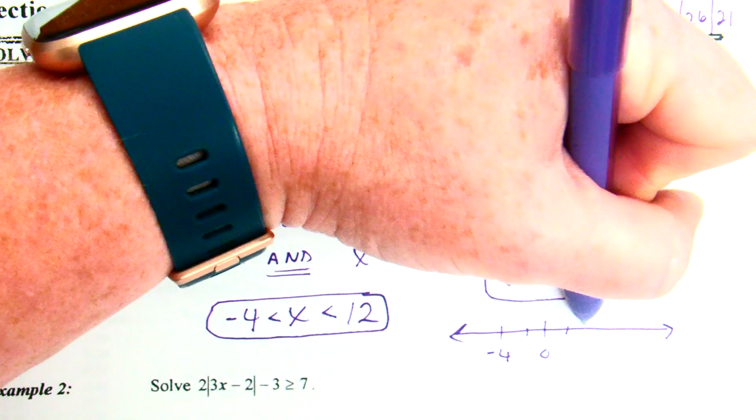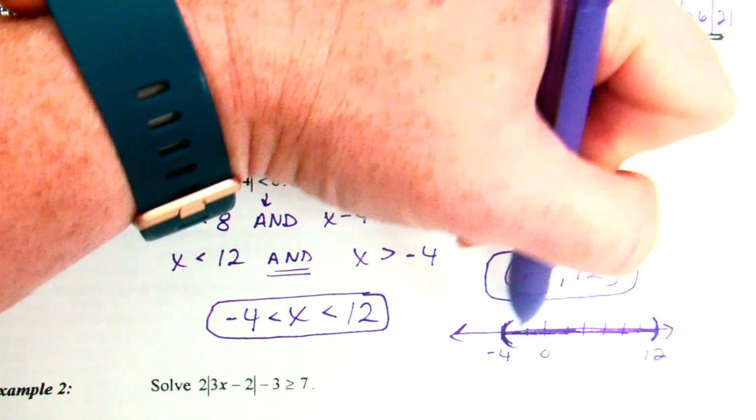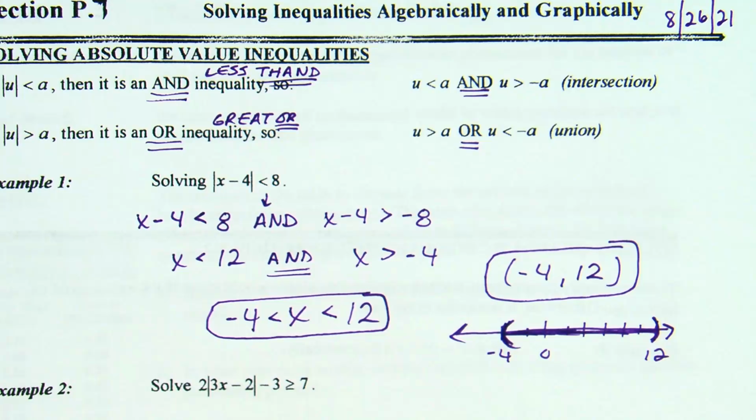Obviously, we know they are normally open circles; instead of open circles, we use parentheses. If it's x less than 12, it's going left of 12. If it was x greater than -4, it's going right of -4. Because it's an AND statement, we look for where the graph overlaps, and that's in between. So typical AND statement, shading is in the middle. Does this make sense for interval notation? My shaded interval starts at -4 with a parenthesis and continues up through 12 with a parenthesis. Okay?